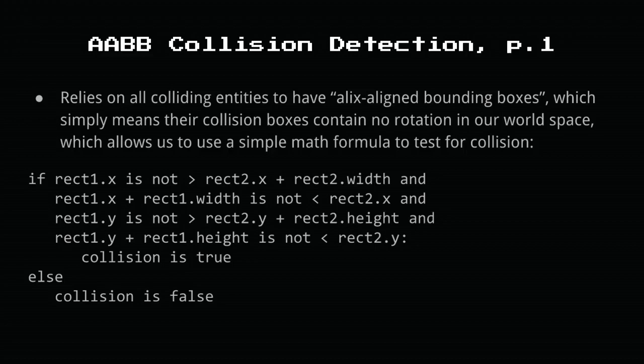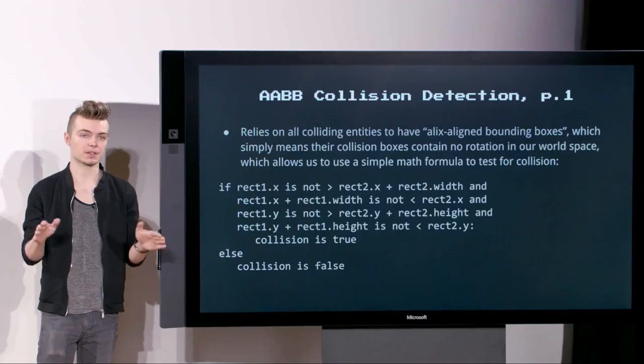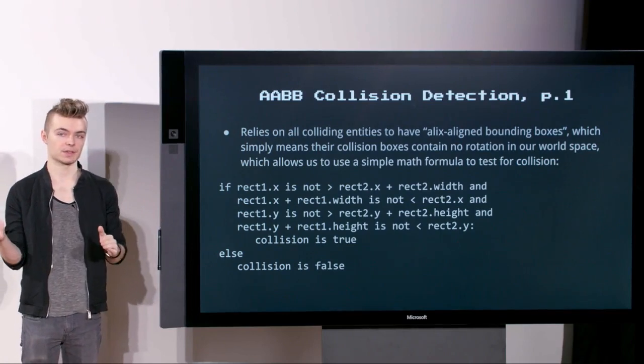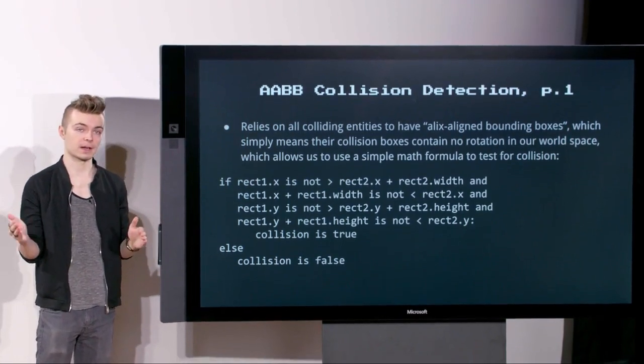So the only way that we can get this easy math, the AABB collision detection, working is if we have no rotation of our boxes. They have to be completely aligned. But if they are, we have a very simple algorithm, which is we're just making sure that no edges of our boxes are outside the opposite edges of the other rectangle.